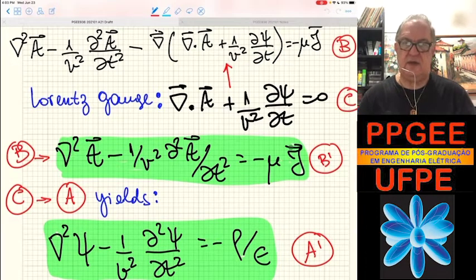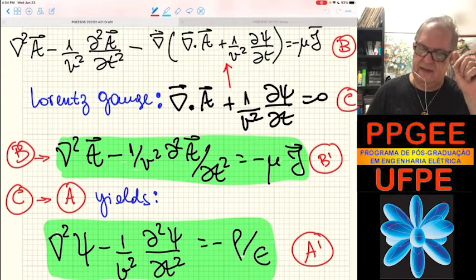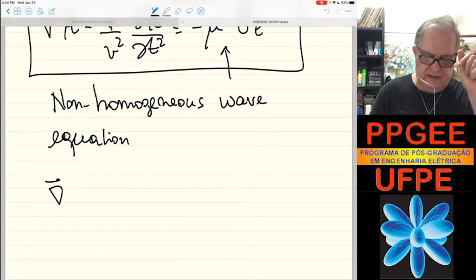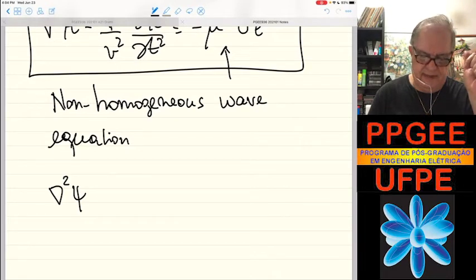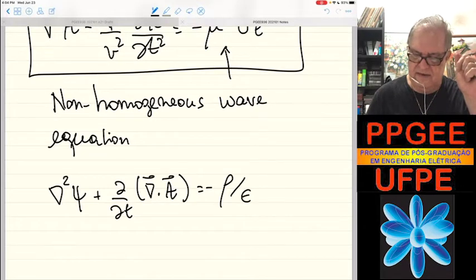If we plug that into the other, the scalar equation, let me write it down again so you can see it. Let's just recall the scalar potential has this form here, independent of the gauge: Laplacian of psi plus the time derivative of the divergence of A, which we set to 0 before, equals minus rho divided by epsilon.